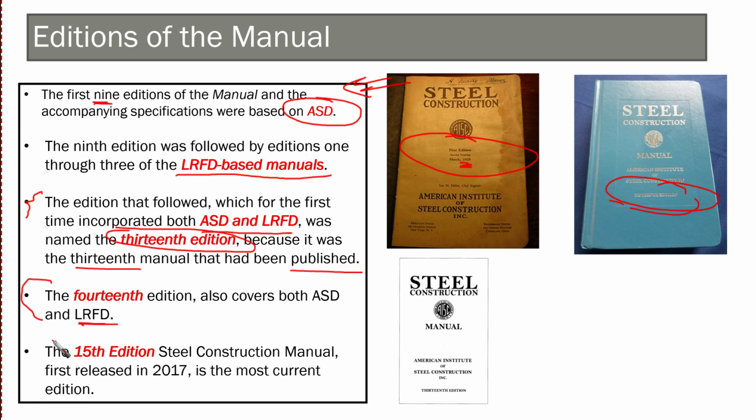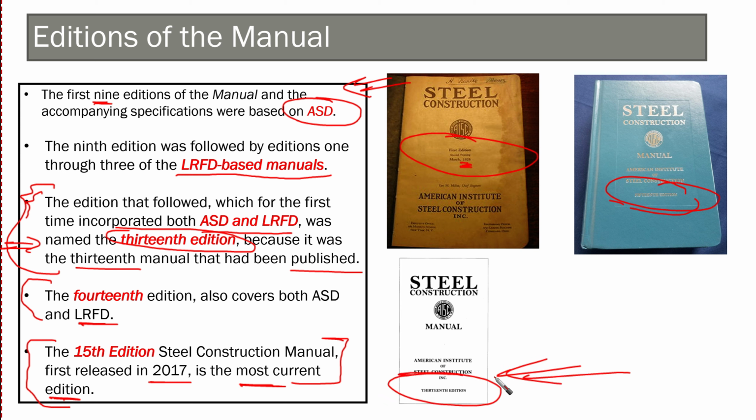And then the latest one up till now is the 15th edition Steel Construction Manual, first released in 2017, the most current edition that we are going to see in the market now. But as I said, we are going to focus in our videos on the 13th edition.